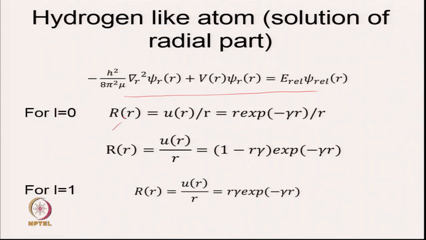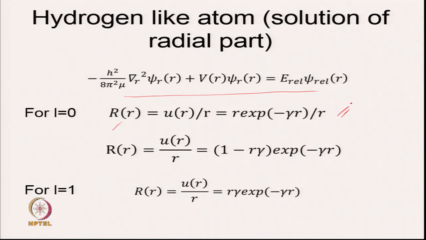If L is equal to 0, then I showed you the different solutions of the acceptable wave function. For L is equal to 1, again I showed you how to get the radial wave function.